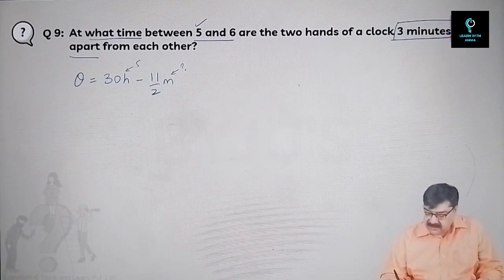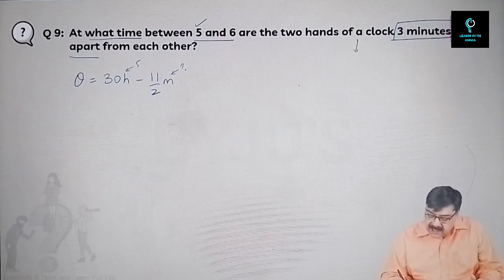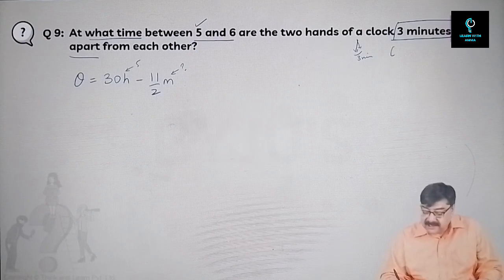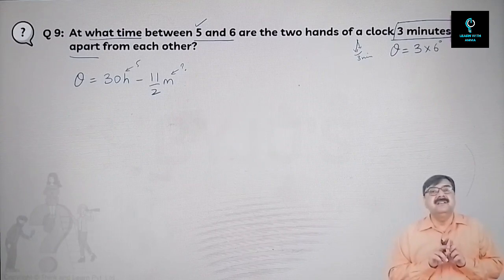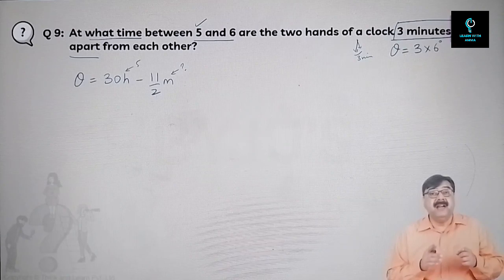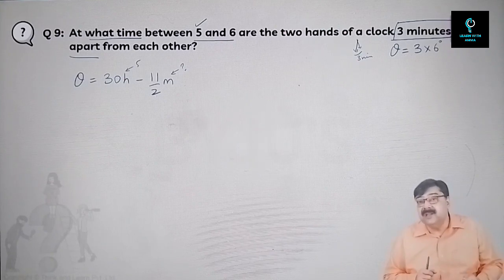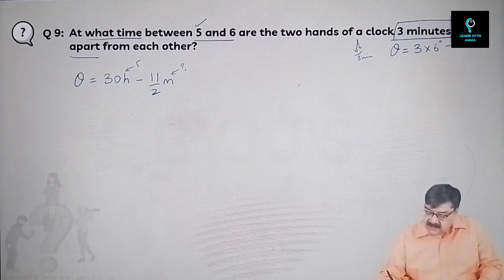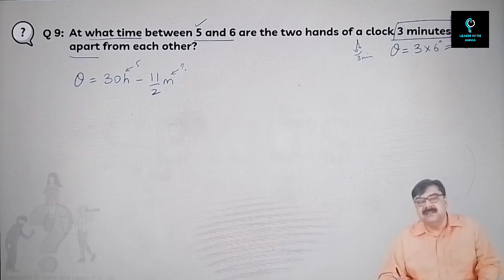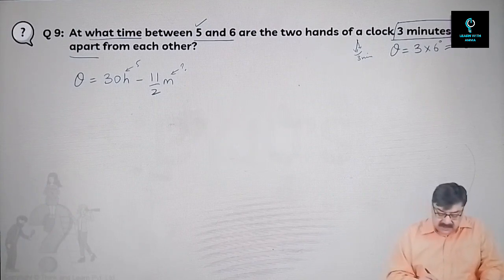So when the two hands of a clock are 3 minutes apart, then obviously the angle between the two hands is going to be 3 into 6 degrees. Every 1 minute is 6 degrees angle. So 3 minutes apart would mean that there are 3 minute divisions, and between each division, the angle made is 6 degrees at the center of the clock. So hence, theta is very much known to us. It is 18 degrees.